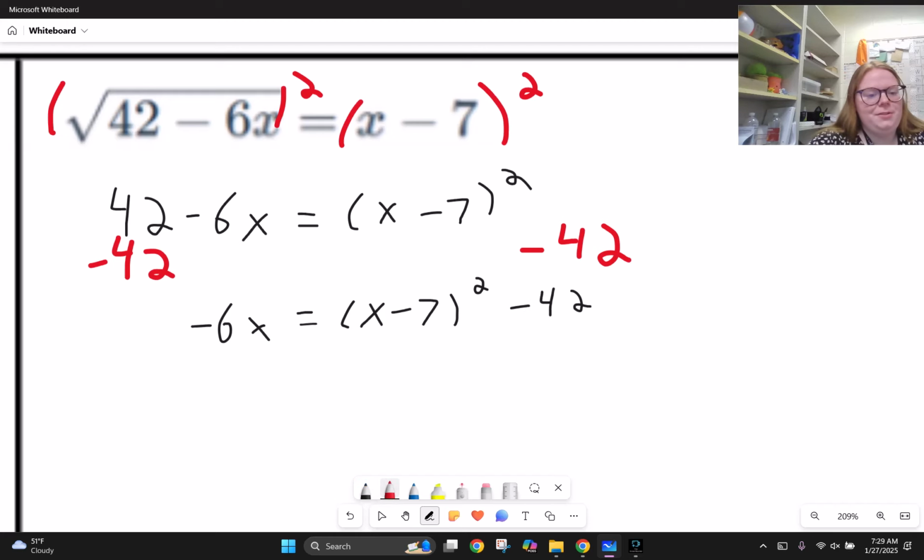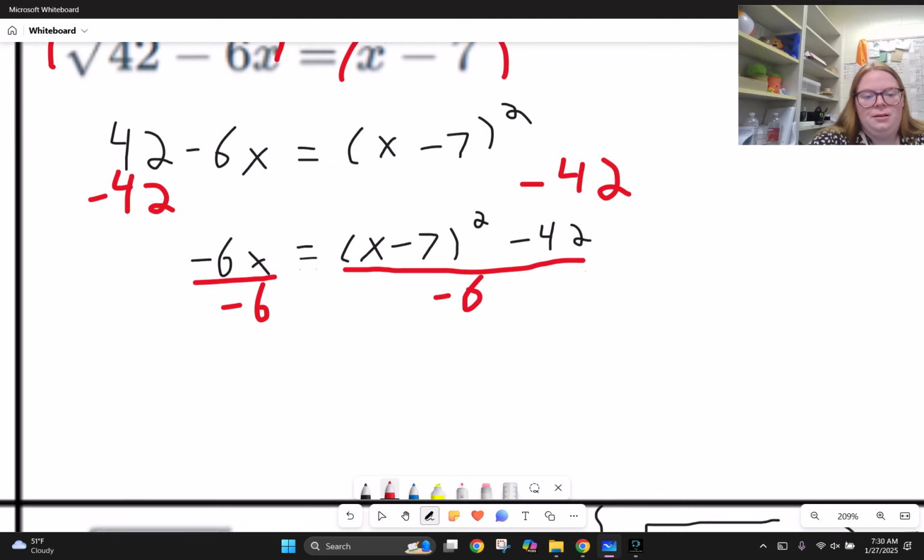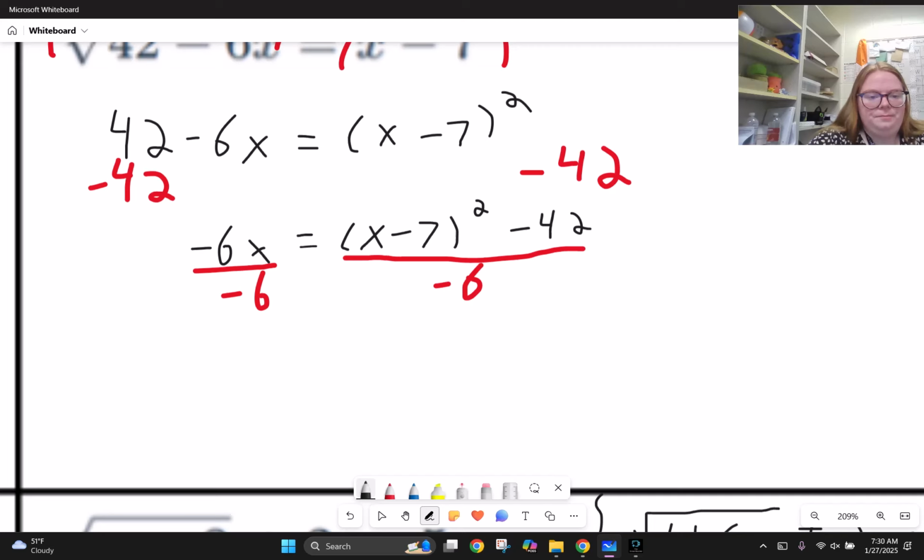Next, I need to get the negative 6 away, and I'm going to divide by negative 6, not just 6, but negative 6. And again, I just divide this entire thing by negative 6. So x equals x minus 7 squared minus 42 all over negative 6.